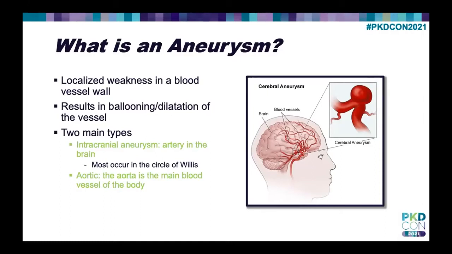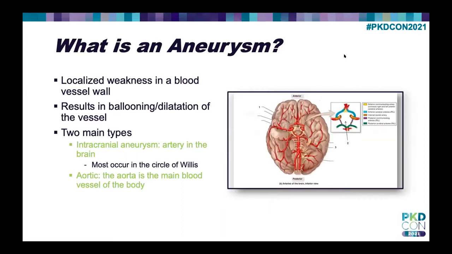Most of these occur in what is called the circle of Willis, this little part of the brain vasculature shown here, and it looks like a little circle, which is why it's called the circle of Willis. My talk is mostly going to focus on these type of aneurysms. The second type is aneurysms of the aorta, the main blood vessel in the body, but I'm not going to be saying much about those.